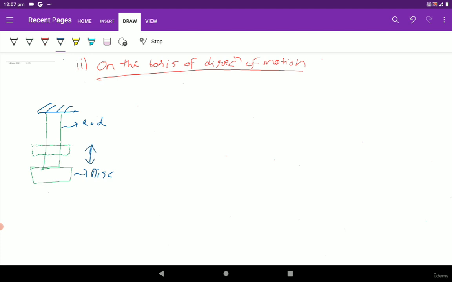Now coming to the longitudinal vibrations. The system consists of a rod plus disc here.